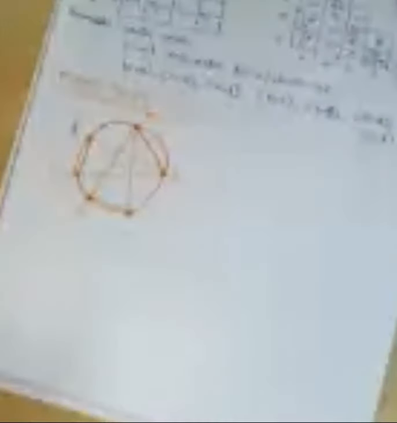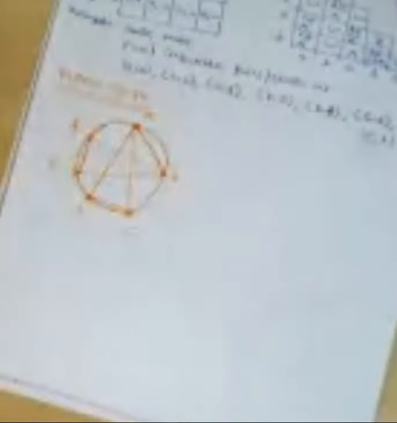Then B and F connect. Then C and D connect, and E and F. So we connected all the points as per the compatible pairs we obtained out of the implication table.